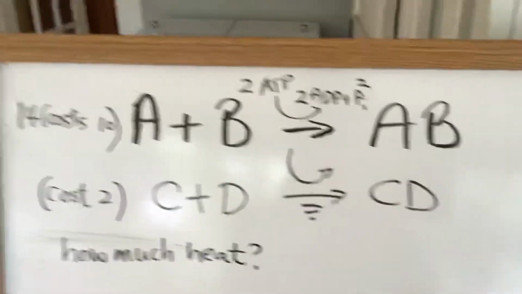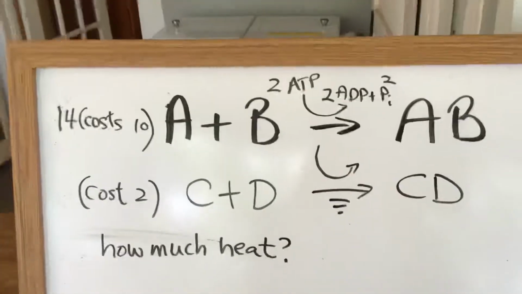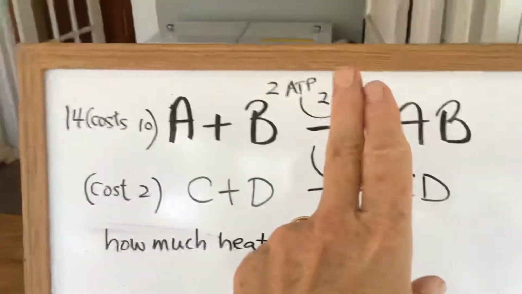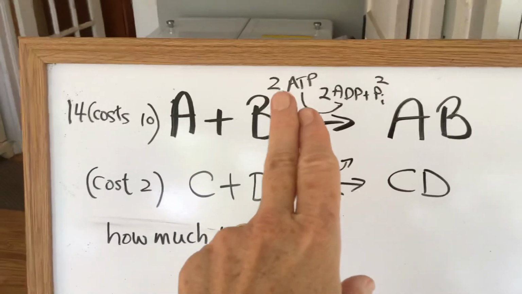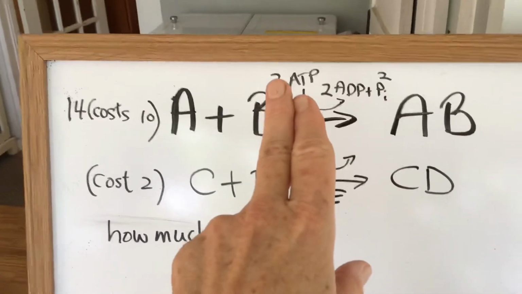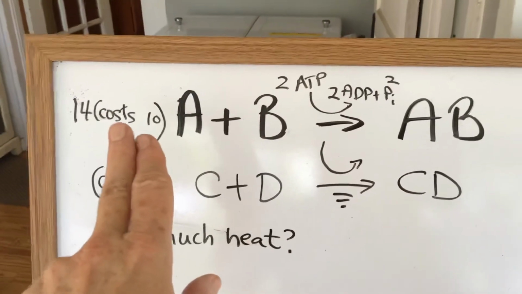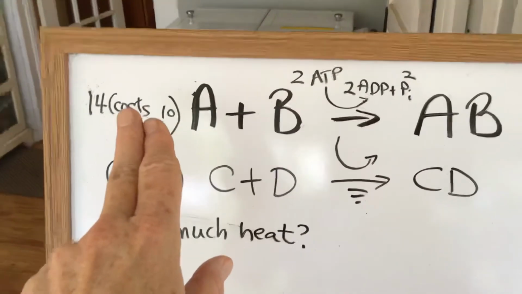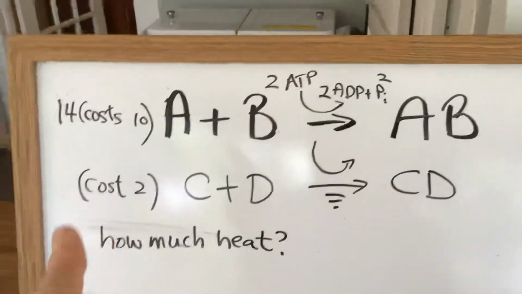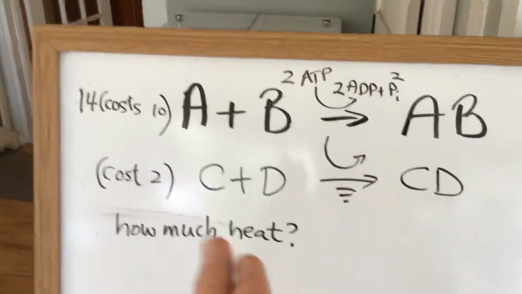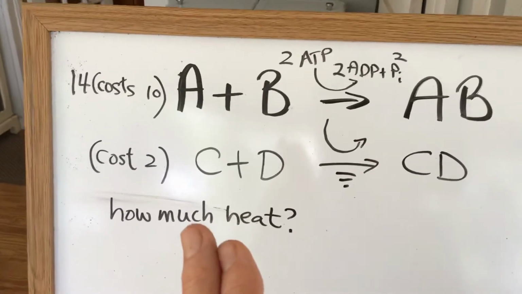So let's say, for example, that I put 14 kilocalories of energy in. That is 2 ATP, right? And this reaction is only going to cost 10. All right. So how much then is left over to drive this reaction that costs 2? All right.